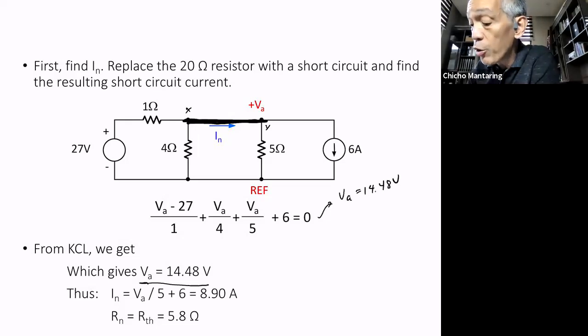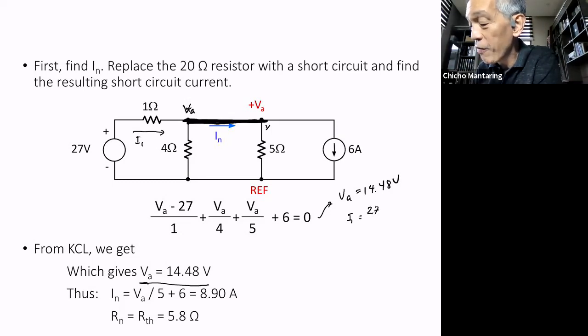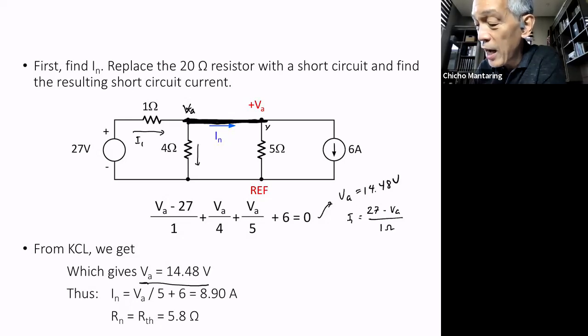So knowing V sub A, how do we get I sub N? If this is V sub A, remember that this is also V sub A. So what is this current? Let me call this I1. I1 is equal to 27 minus V sub A over 1. And let's call this I2.